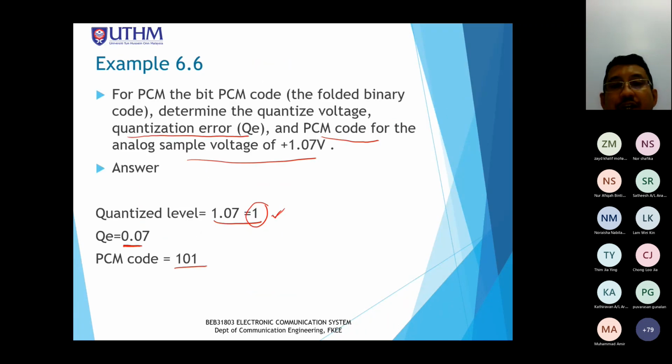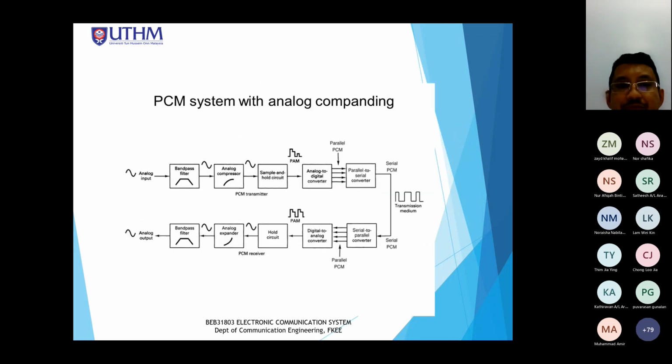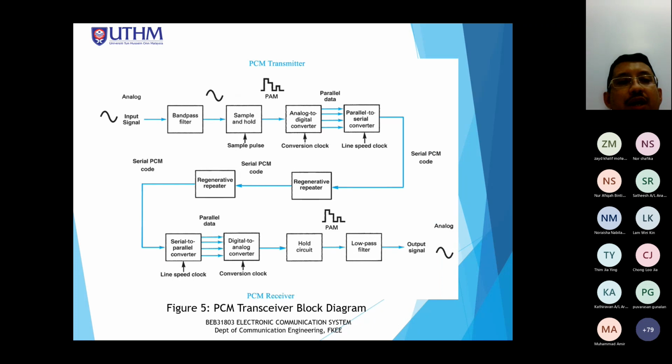So after encoding, what to do? We have a digital code word, and the next process is to prepare the code word for transmission. We cannot simply transmit the code word because it is in the form of logic values 0 and 1. This is the block diagram of the transmitter and receiver.